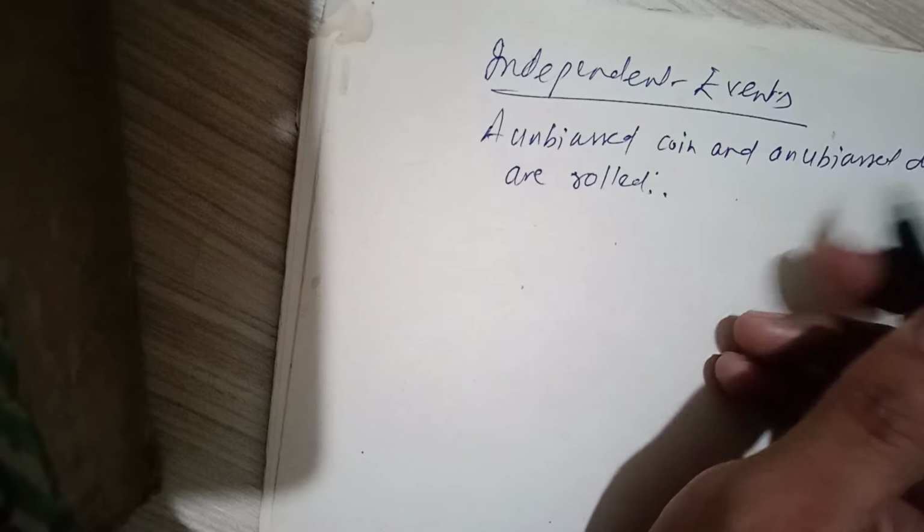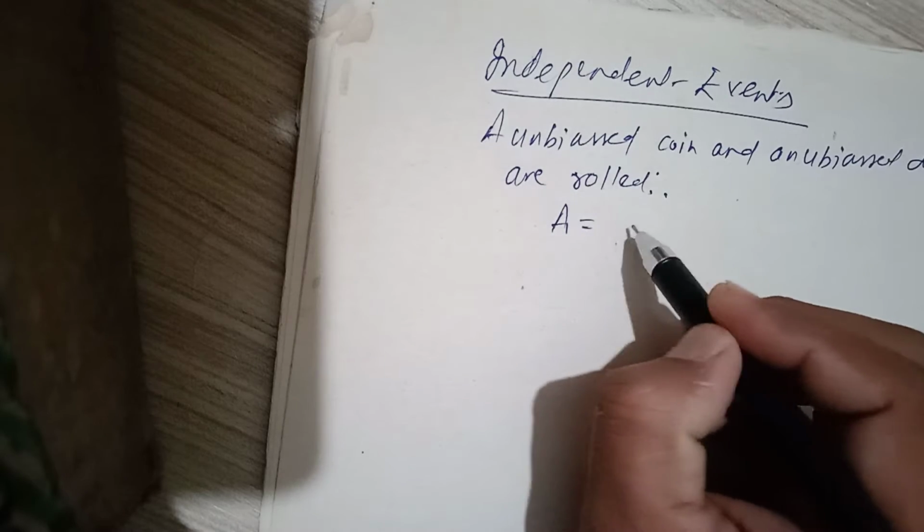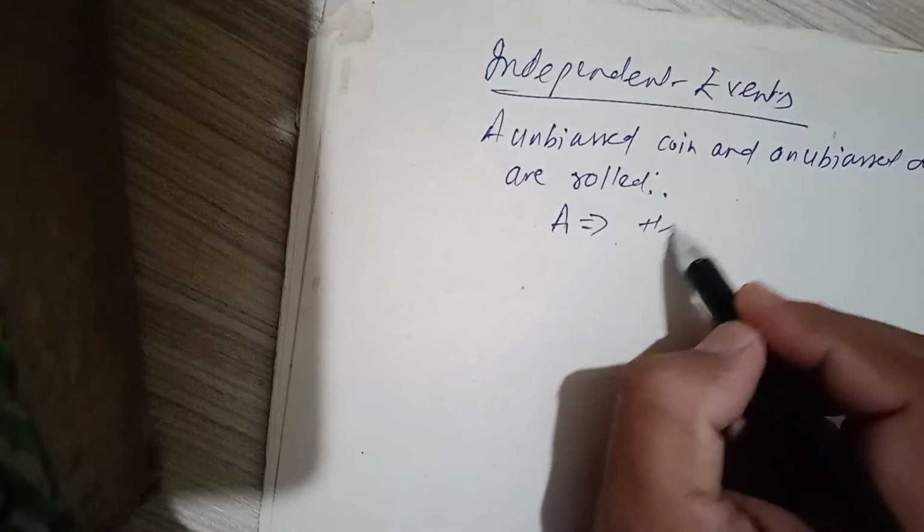Let A be the event in which head appears on the coin, and suppose B is the event in which an even number appears.